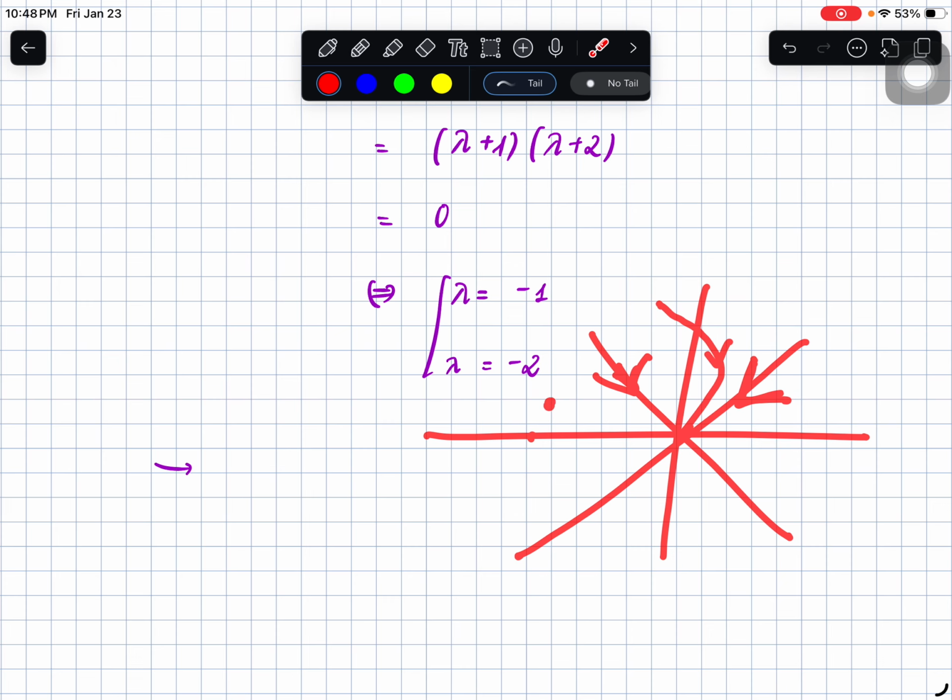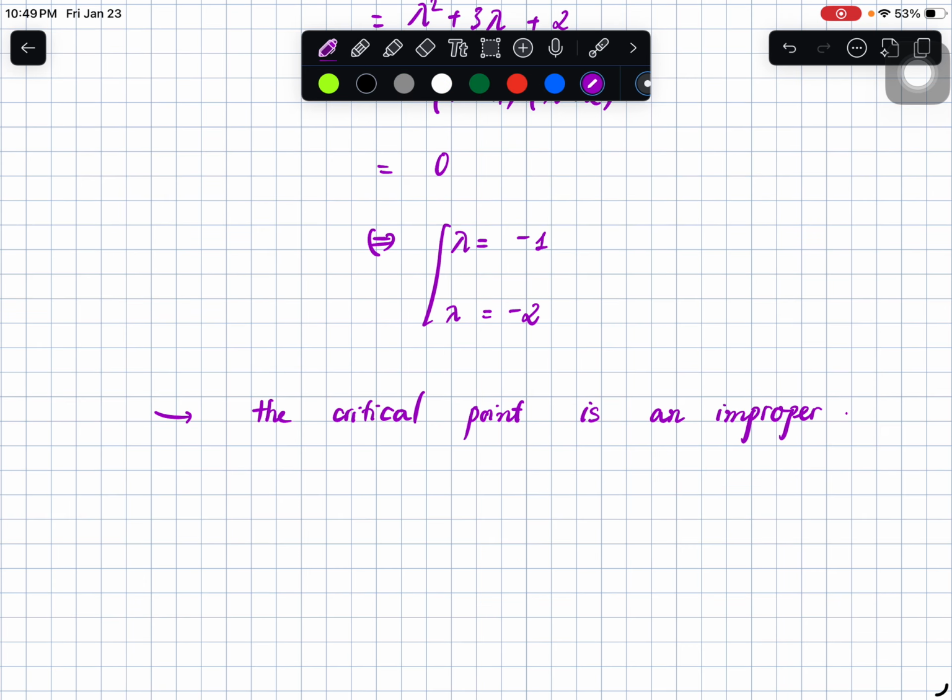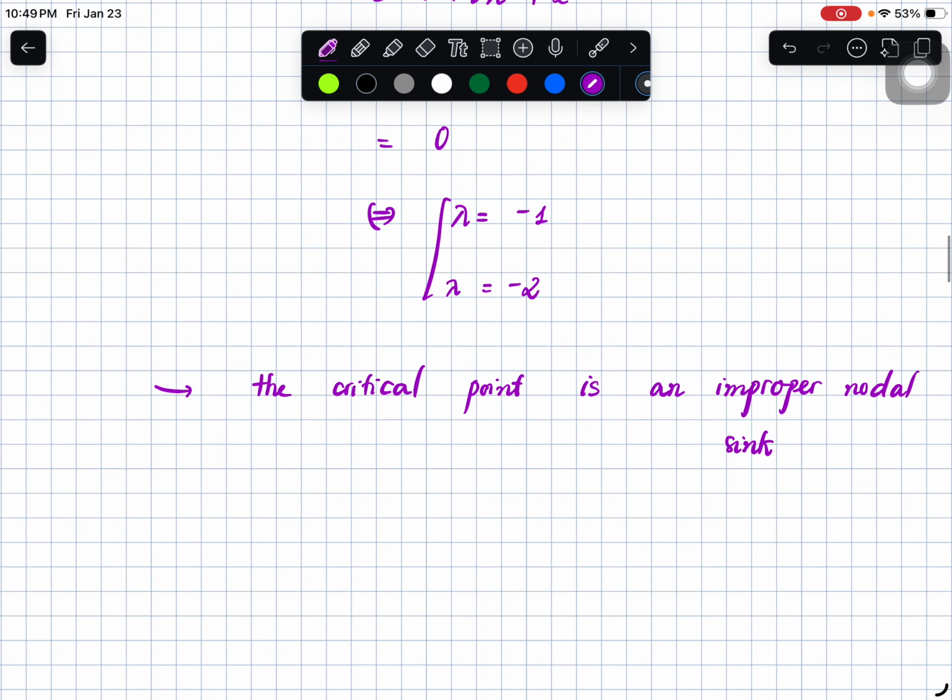So it will be a sink, an improper nodal sink, and the type is asymptotically stable.